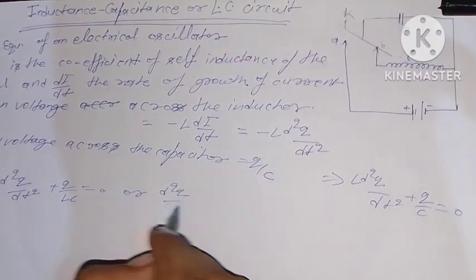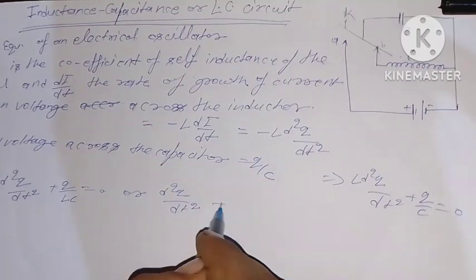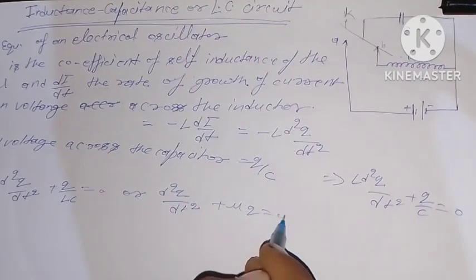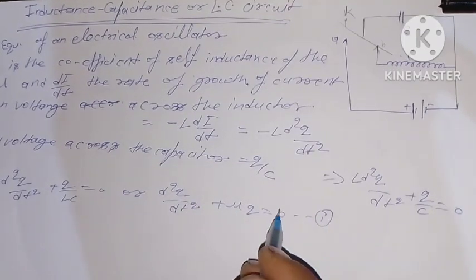d²Q/dt² plus mu Q equals 0. That is equation number 1.